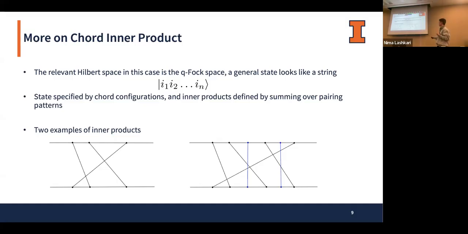You sum over all possible pairing patterns, and for each pairing pattern you have a factor corresponding to these crossings, which is the same as the pattern I introduced before: a gravity chord crossing has a factor Q, etc. You sum up all possible crossings to get the inner product.